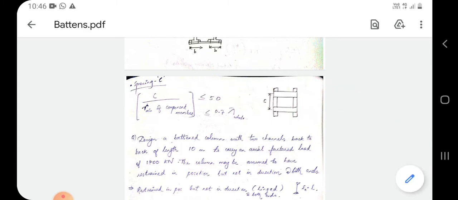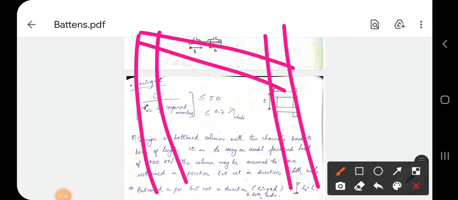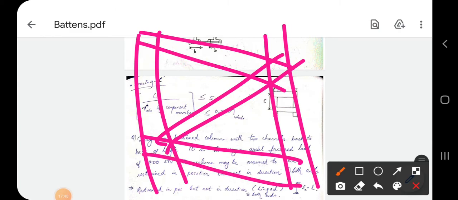Lambda whole means we have to find the effective slenderness ratio of the whole column by considering rz. If we are considering the whole column, we have to take r minimum as rz itself. Even in the steel table, if ry is less than rz, we have to take the rz value itself, because in a built-up column rz will always be less than ry. Okay.